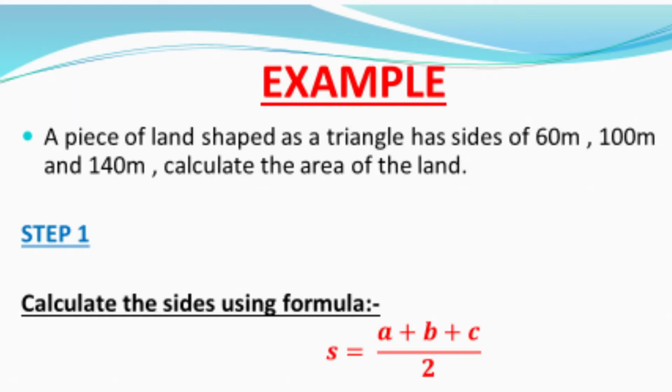The example says a piece of land shaped as a trapezium has the sides of 60 meters, 100 meters and 140 meters. Calculate the area of the land. So we were given three sides, which are 60 meters, 100 meters and 140 meters.